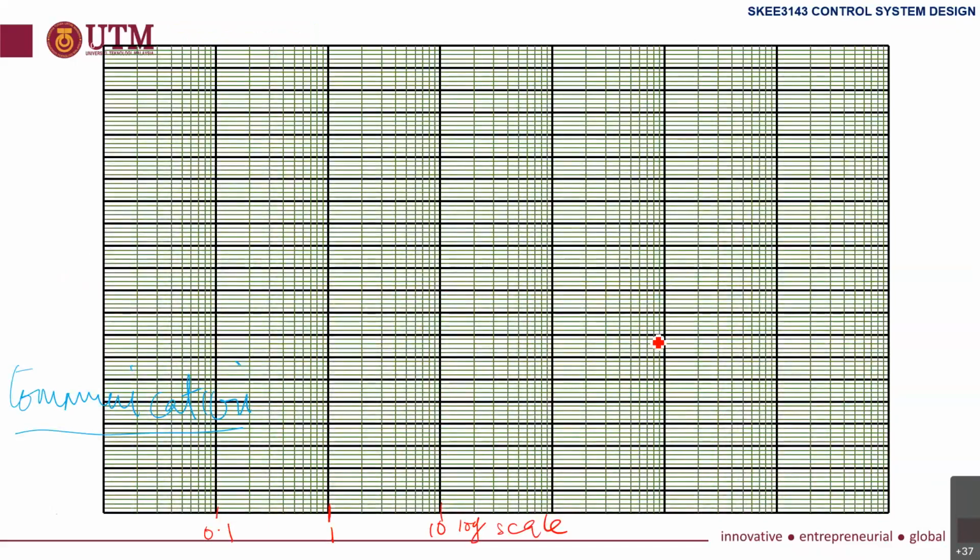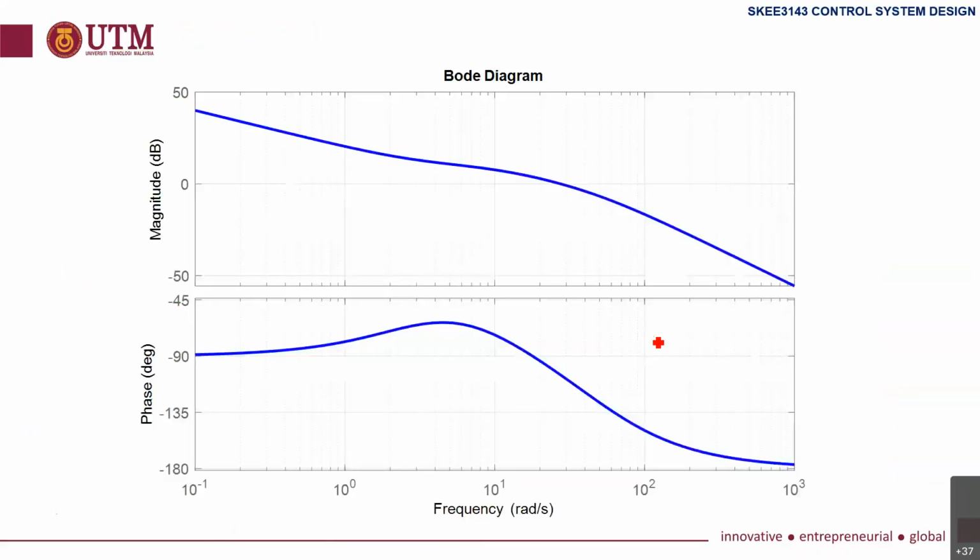You have to do it on a semi-log graph, and this is the actual one. I plotted it in MATLAB and extracted it here. So it will be like this. Of course, the one that we draw based on straight line approximation will not be accurate like this.